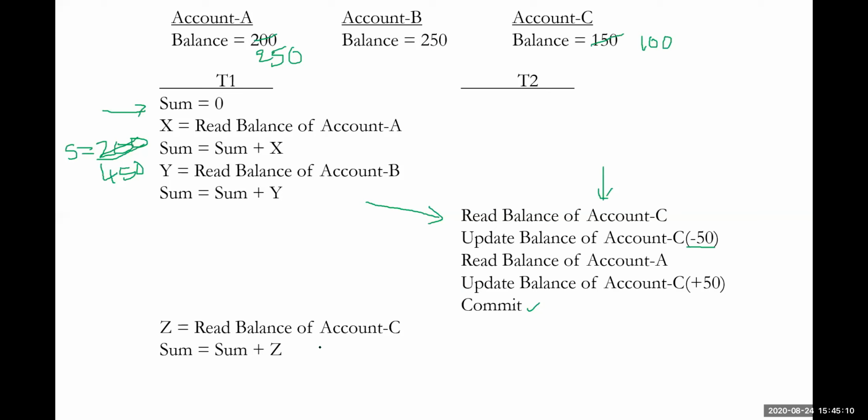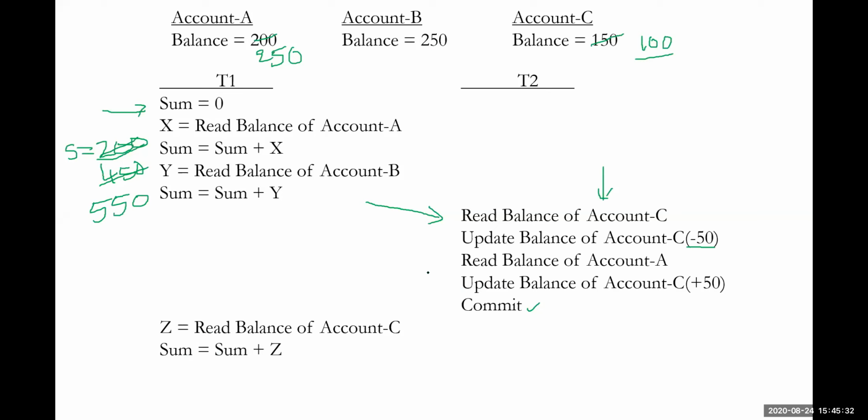Z will be read, account C balance. The account C balance at this moment is 100, and sum equals sum plus Z, so it will be 550. 450 plus 100 will be 550. You lost some cumulative sum.